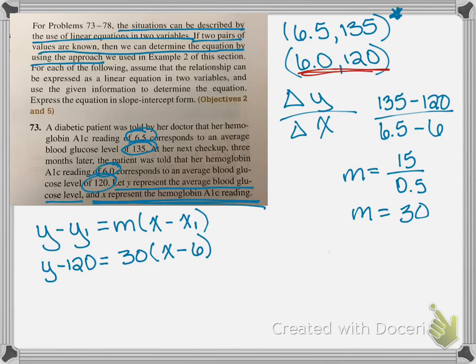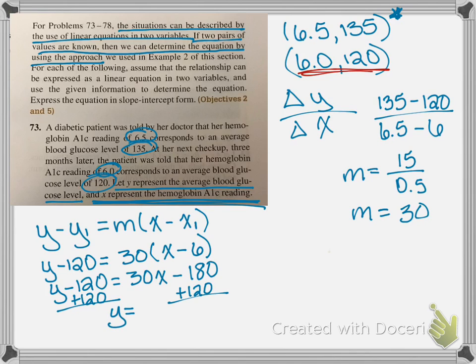Okay? So y minus 120 equals 30x minus 180. Is that what that is? 6 times 30. I add 120 to both sides. And my final answer then is y equals 30x minus 60.